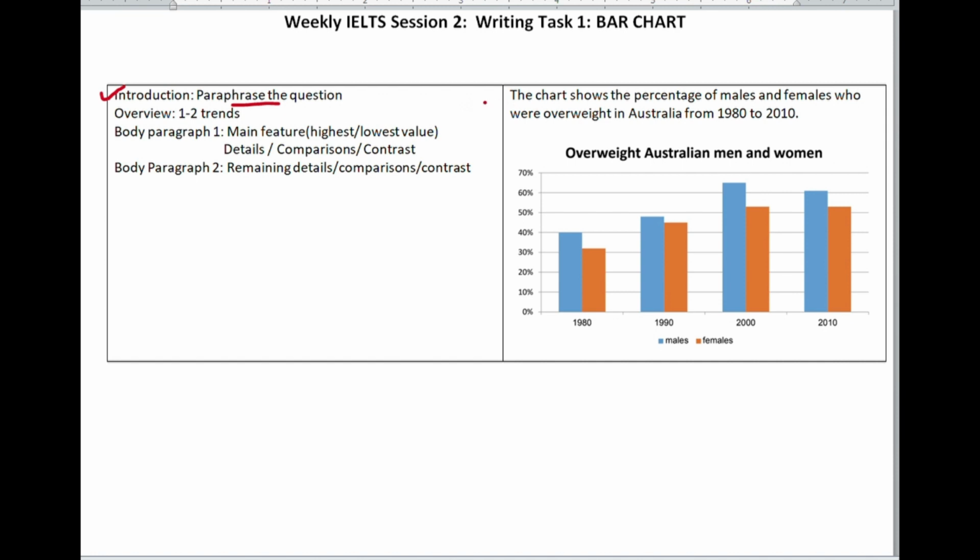So here the question is, the chart shows the percentage of males and females who were overweight in Australia from 1980 to 2010. So let's start paraphrasing this part.